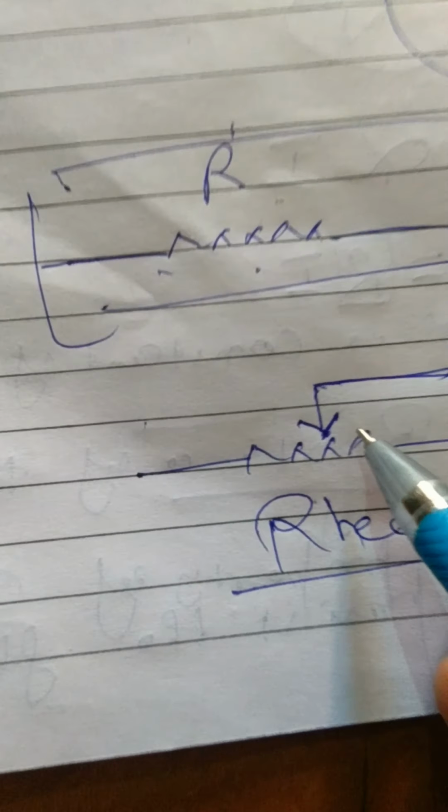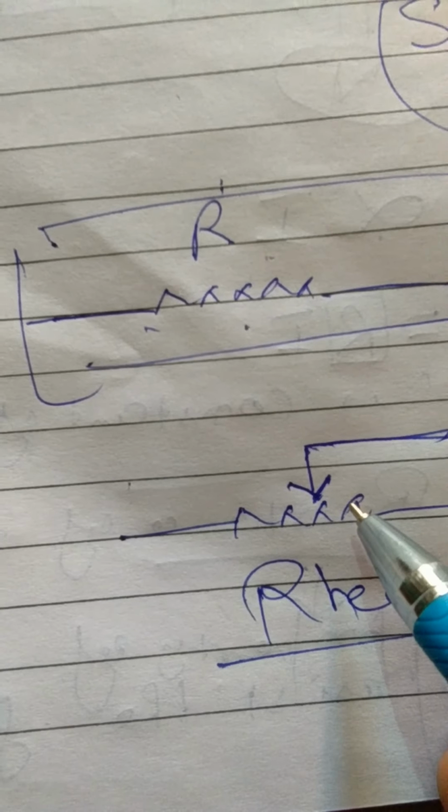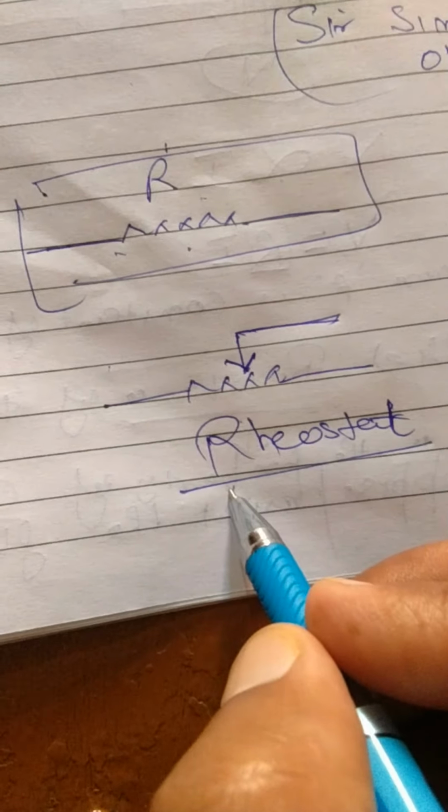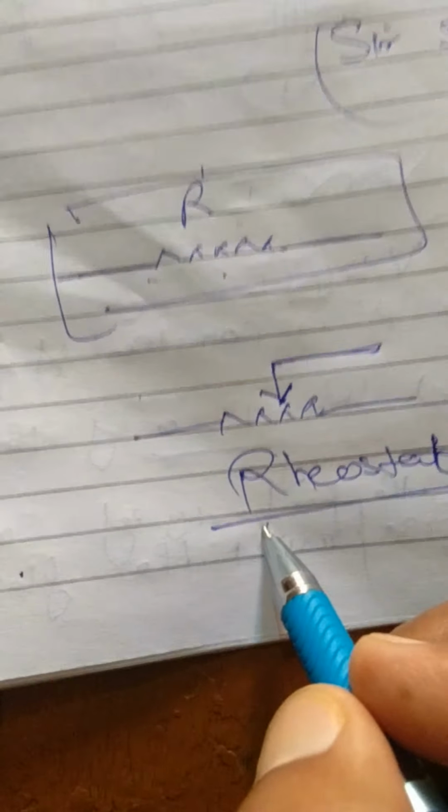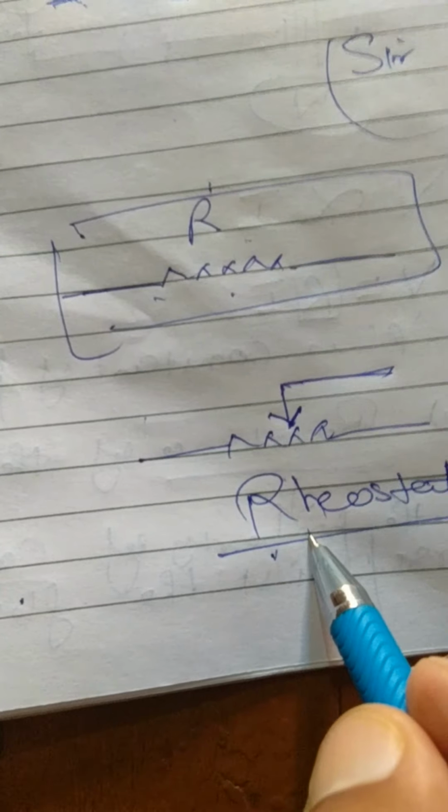This is known as rheostat. This is also known as variable resistance. What is rheostat? A component which is used to regulate current without changing the voltage.